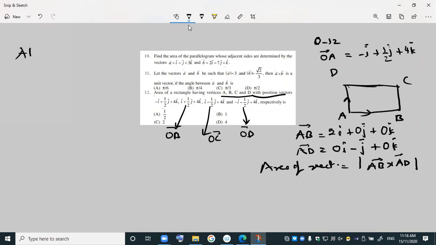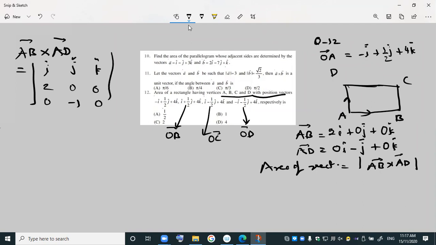AB cross AD is equal to i, j, k, 2, 0, 0, 0, minus 1, 0. i: 0 into 0, everything 0, i will become 0.